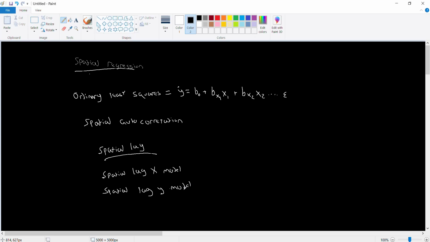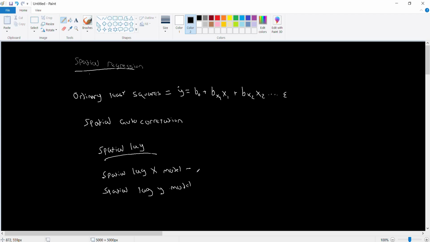The spatial lag X model is basically a way of saying, we have all of these non-spatial things, the values of the data set that we are saying have some relationship to our dependent variable. Well, what if it's not just my x value? Because these x's are for an individual record, an individual polygon or observation, to predict that observation's y.